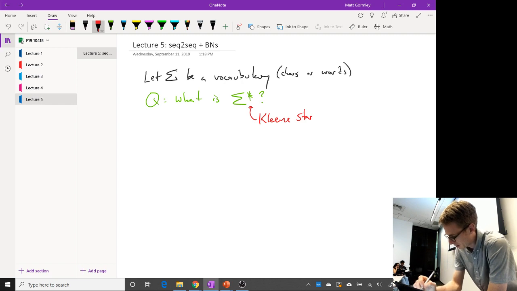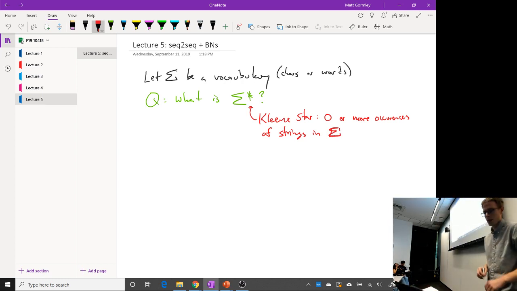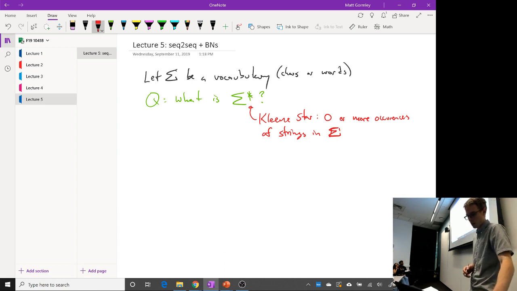And it just means that we have 0 or more occurrences of strings in sigma. Okay. So this really is just the most basic regular expression syntax that we can come up with.